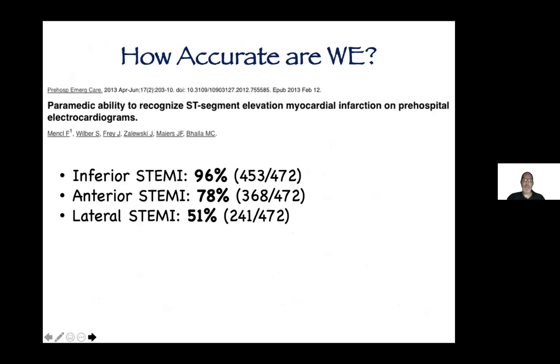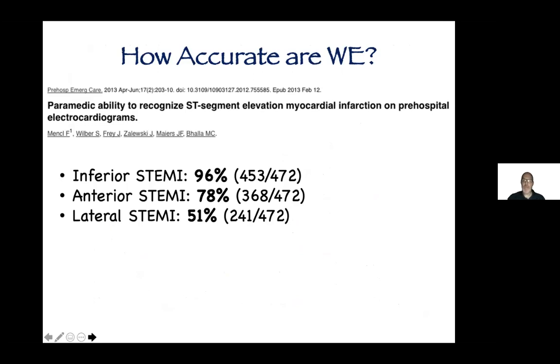I pulled this study up. This was published back in 2013 in Prehospital Emergency Care, a 472 paramedic cohort. They were trying to determine how accurate paramedics are at identifying these injury patterns in the field. As you can see, with inferior MI we have a pretty high accuracy rate.